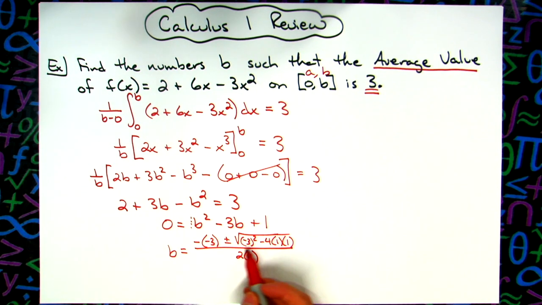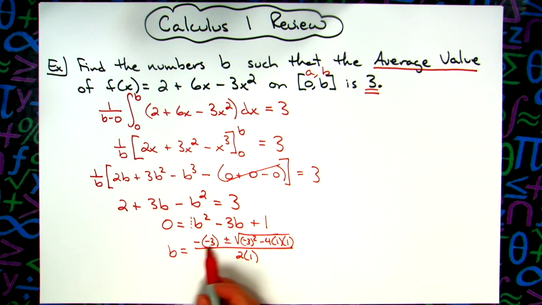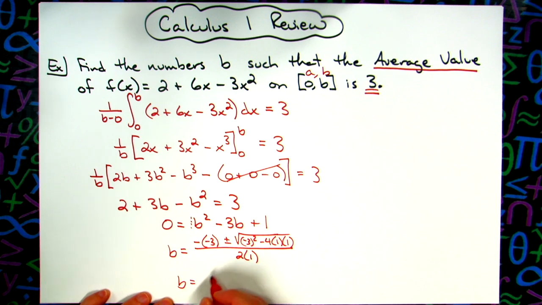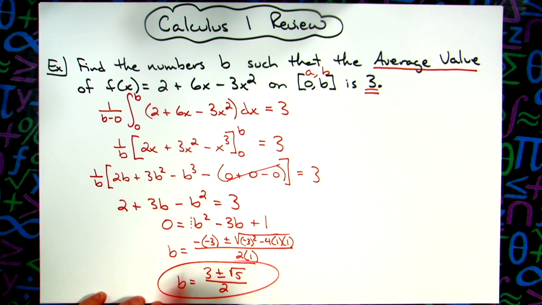That's going to simplify underneath here: 9 minus 4 is going to give me a 5 in the radical. The two negatives here will make a positive. So b then is going to be equal to 3 plus or minus the square root of 5, all over 2. So a final 2 values there for b.